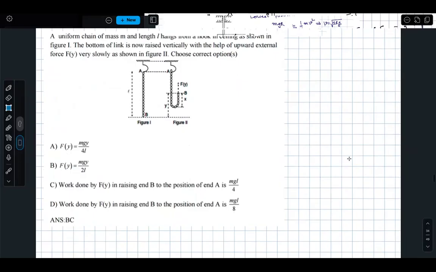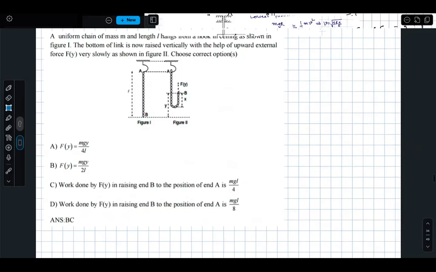Uniform chain of mass m and length L hangs from a hook in the ceiling as shown in the figure 1. The bottom of the link is now raised vertically with the help of upward external force F of y very slowly as shown. Right. The point is you are raising it very slowly.